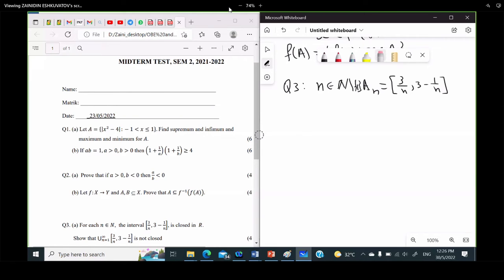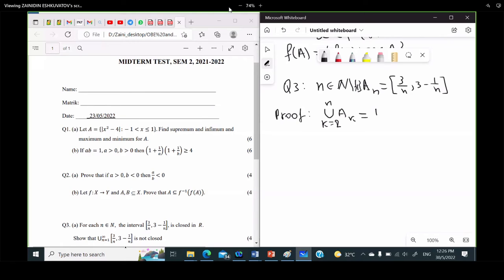Okay, so now what we do. The question says this interval is closed in R; show that this union is not closed. Okay, the proof is very clear and proper. So I consider this A_n. Actually, I will consider it like this, k from 1 up to n. Generally, I can say it is not from 1 but from 2, because the first one we ignore.